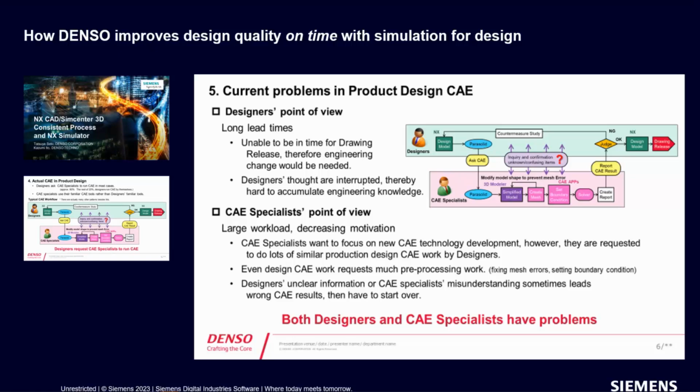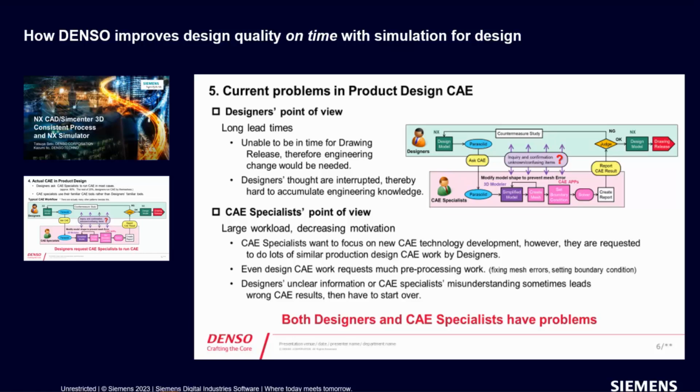From the CAE specialist point of view, they have a large workload already, and they have a decreasing motivation to perform these designer-oriented tasks. They want to focus more on CAE technology development, maybe some nonlinear and multi-physics types of analyses. But the work still has to be done, and the work requires time and effort.